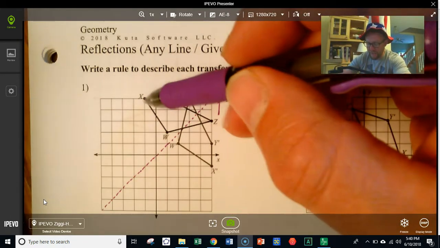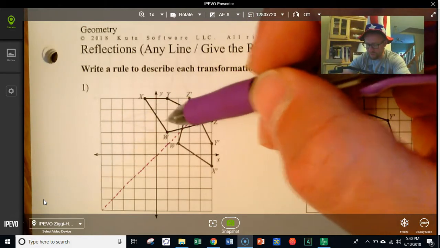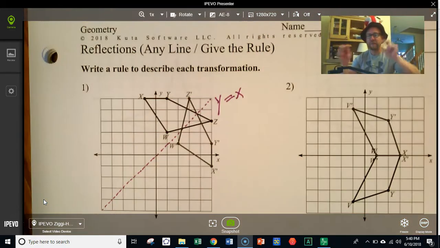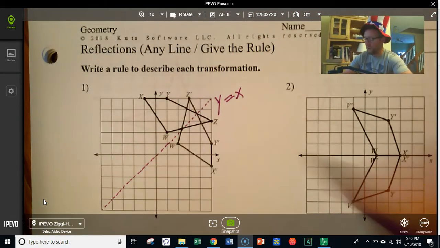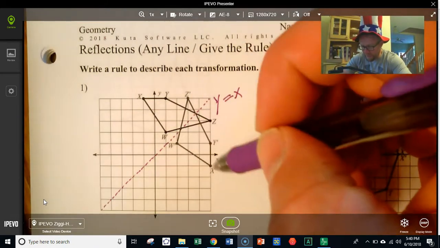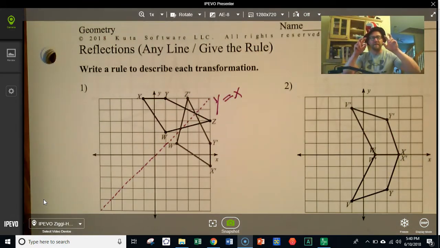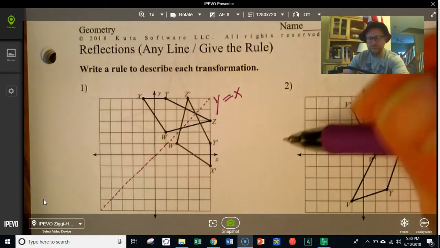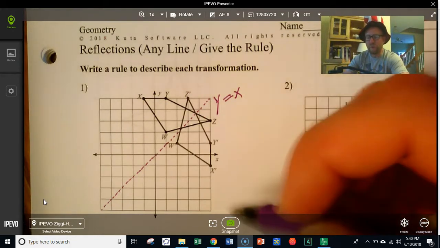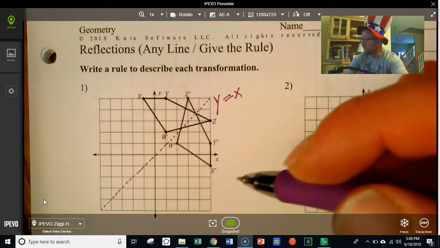So if you look here, x is 1, 2, 3 diagonals away, and then x prime is 1, 2, 3 diagonals away. When I say diagonals like that, I mean just, you know, 3 times square root of 2.